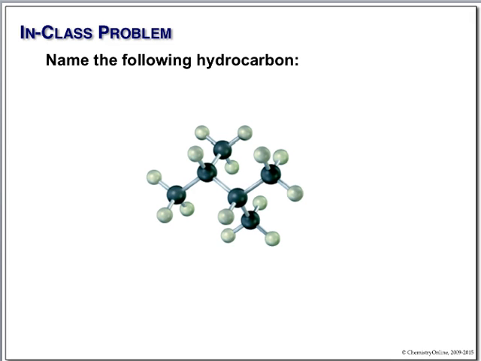You just find the longest chain, define carbon number 1, so we get our lowest sequence, and then look at your side chains. Our longest chain here is going to be 1, 2, 3, 4 carbons, I believe. And we have methyl groups in carbon 2 and 3. Now, isn't that simple?